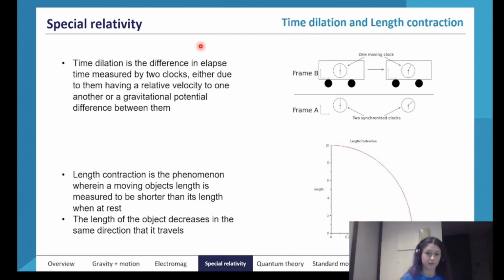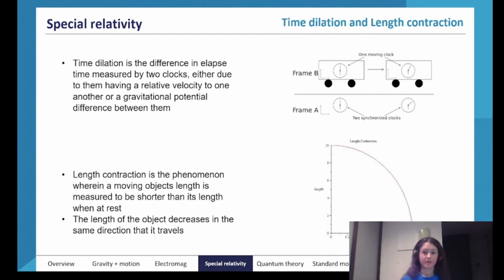The first one being that if an object is moving relative to another one, then the time that it experiences is going to be different. So if an object is moving faster relative to another, then it's going to experience time more slowly. And I say these words with caution because it's kind of a fickle subject to word.